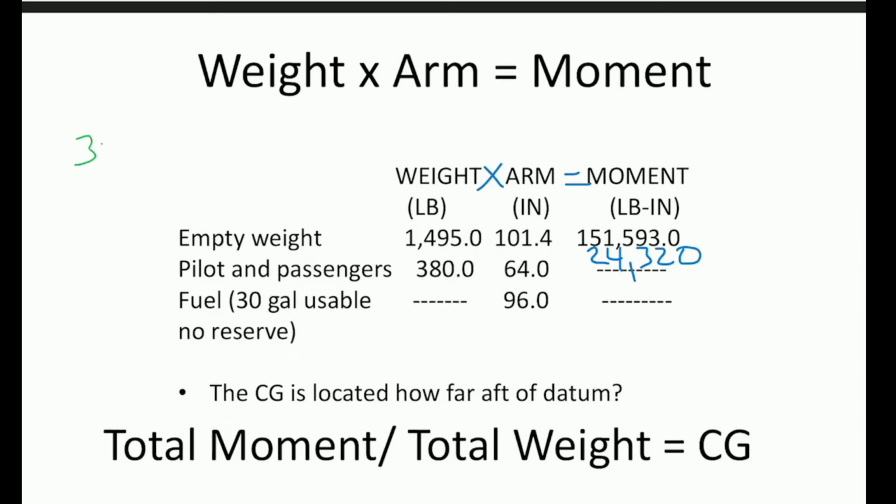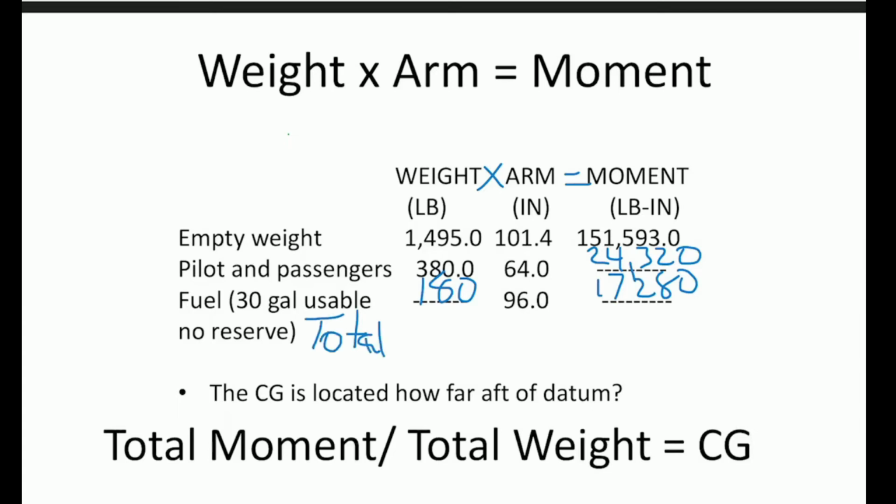Just put over here 30 times 6 equals 180. Too easy. All right, 180 times 96 is 17,280.